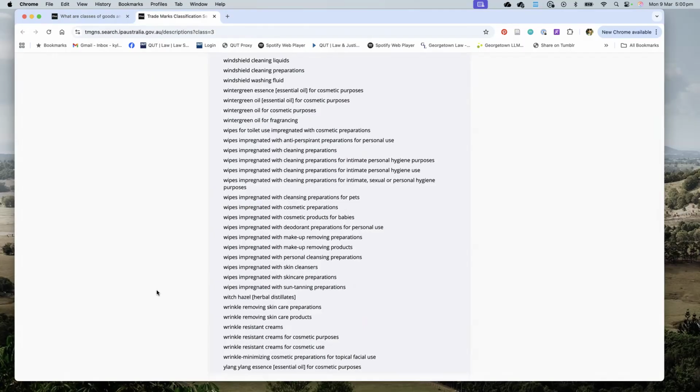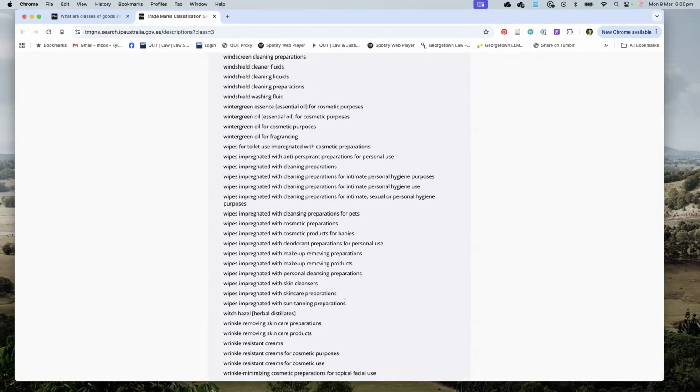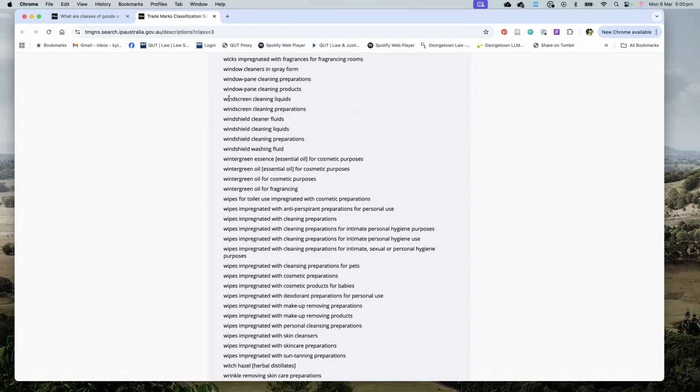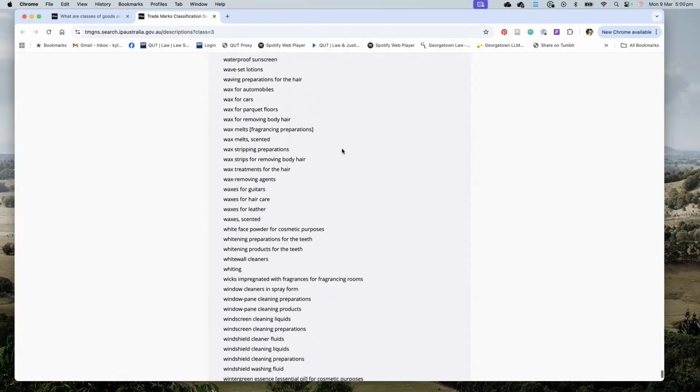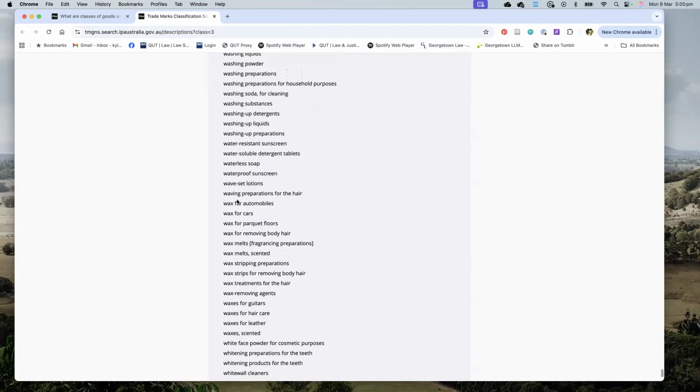Some of these are related to cosmetics or easily related to each other, wrinkle cream, etc. But some are not. Windscreen cleaning liquids, window cleaners, nothing to do with cosmetics.